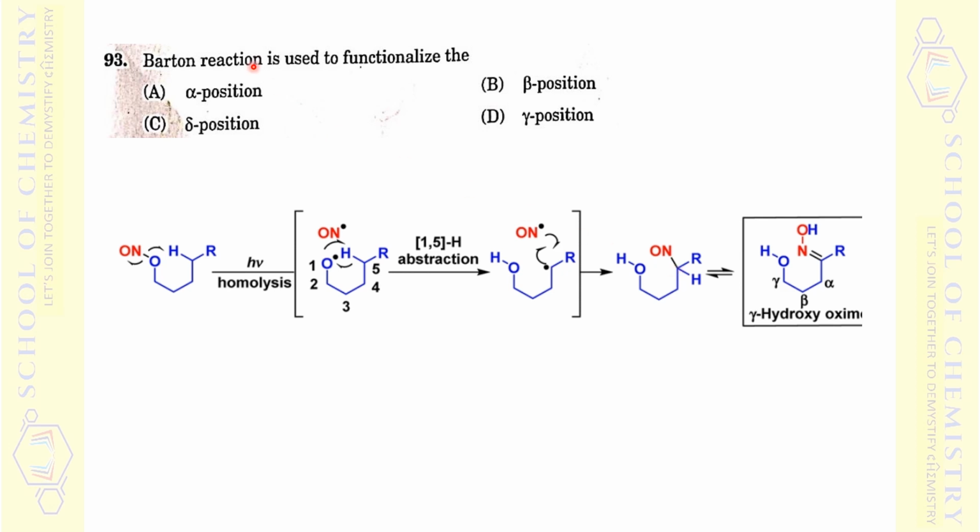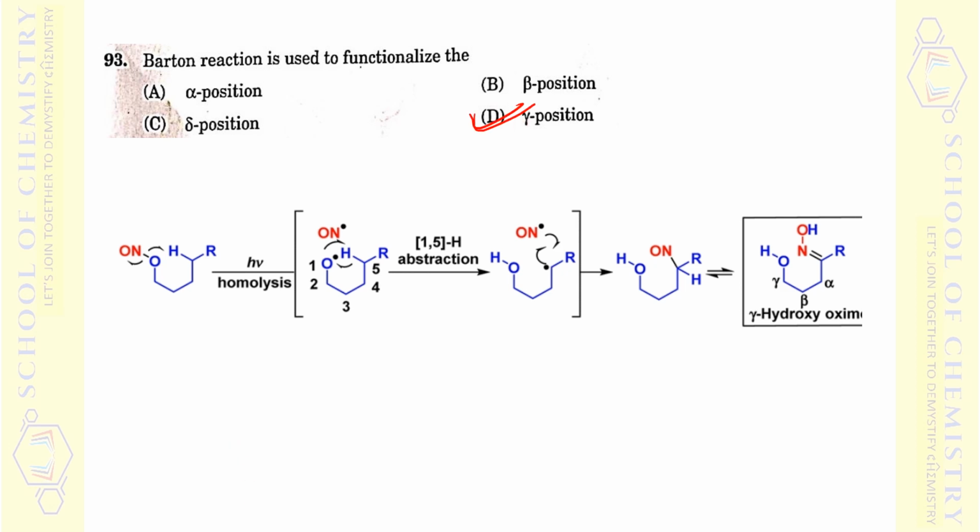So now they have asked what Barton reaction is used to functionalize. The product is this one. In the product, this is alpha, this is beta, this is gamma. At the gamma position, an alcoholic functional group will be present. So that's how the Barton reaction is considered to functionalize the gamma position. But remember, it should not be confused with the delta hydrogen removal.